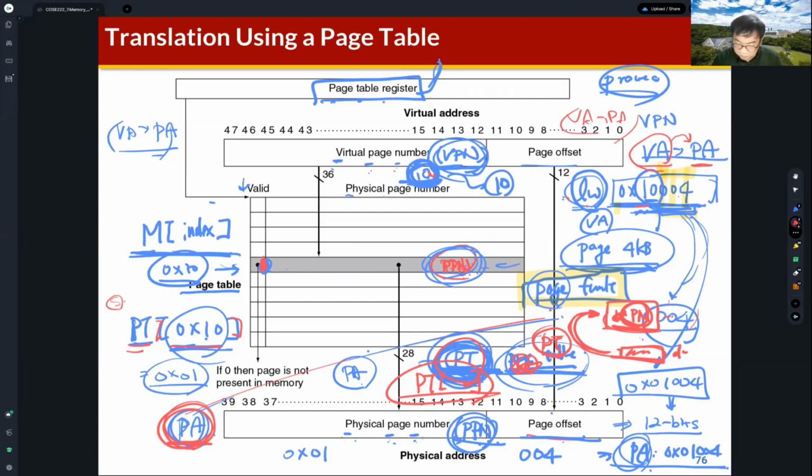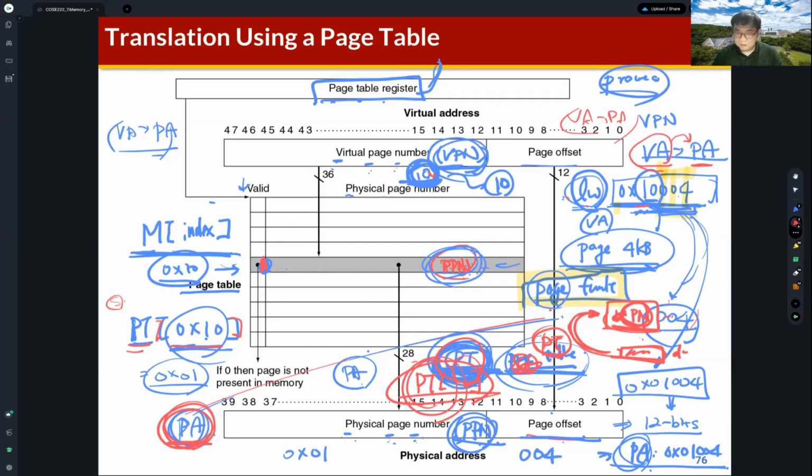Main memory is very, very slow. To support the virtual memory concept, for every load instruction, every store instruction, every memory transfer instruction, we need to translate the virtual address to a physical address, but it requires access to the page table, which is in main memory.